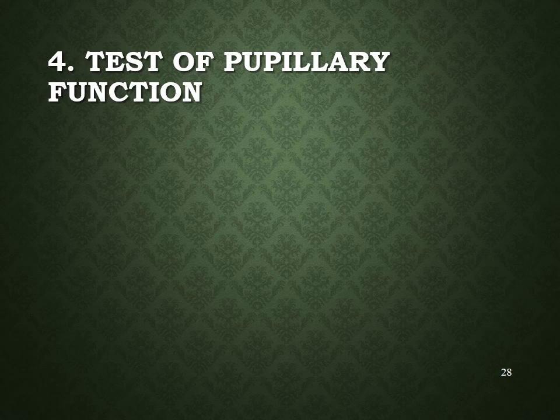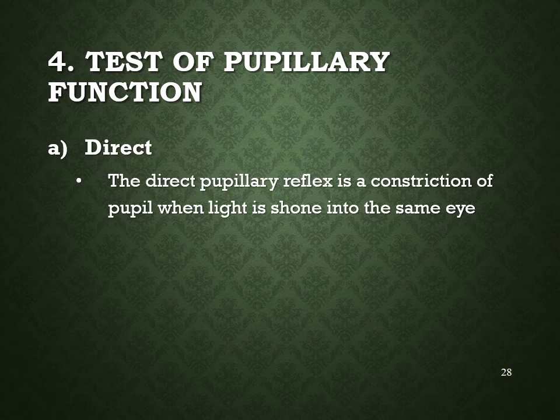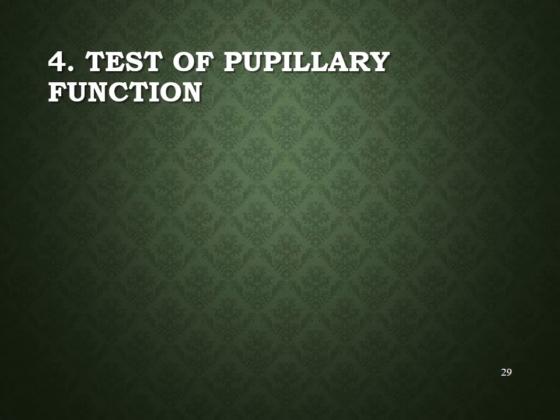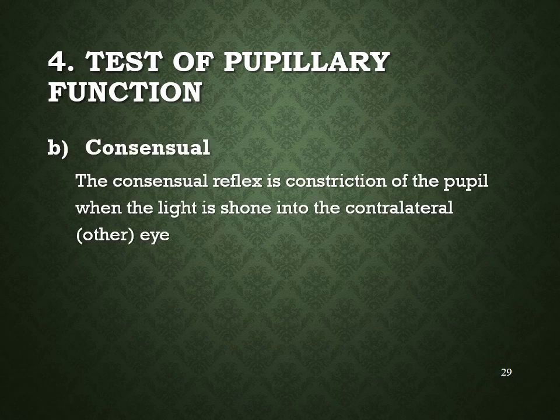The direct pupillary reflex is constriction of the pupil when the light is shone into the same eye. The consensual pupillary reflex is constriction of the pupil when the light is shone into the contralateral eye.